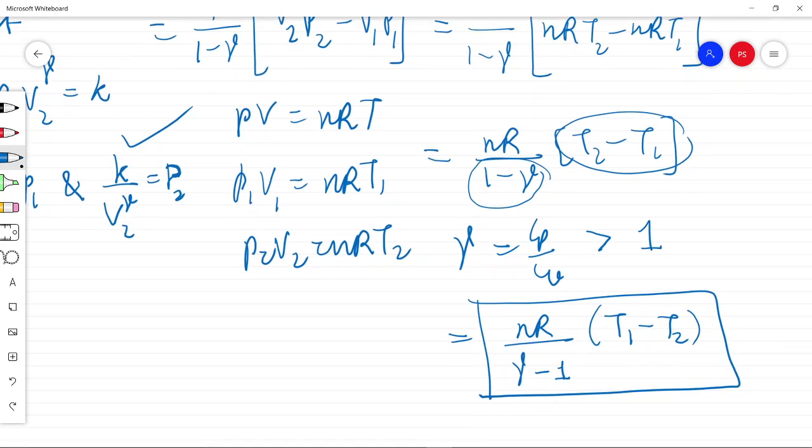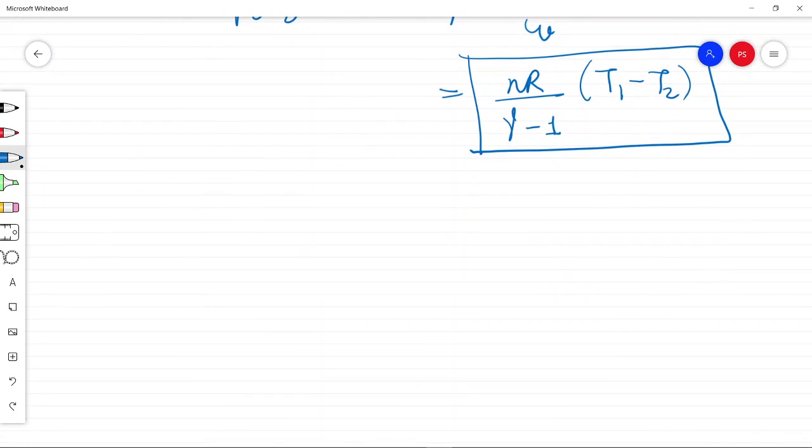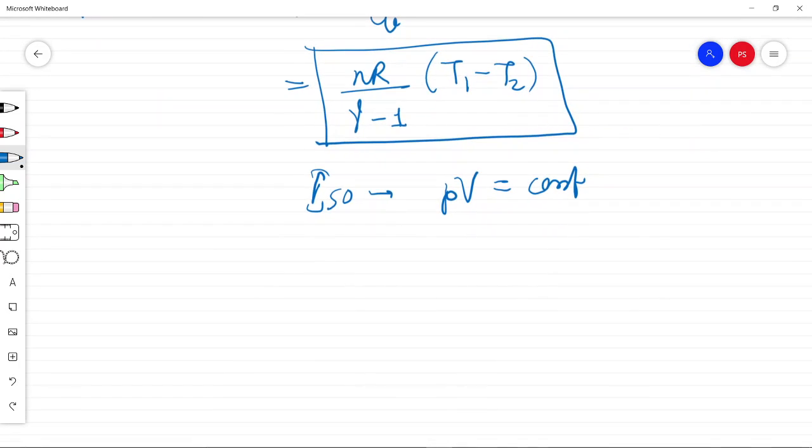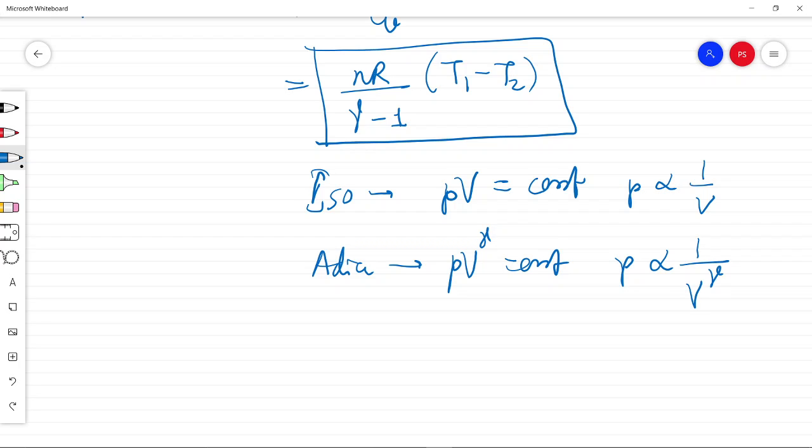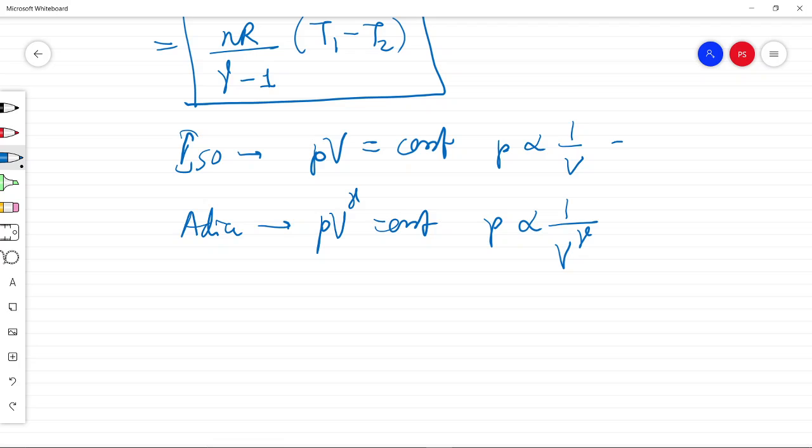Now we should note that for isothermal process, we have PV is equal to constant and it gives us P proportional to 1 by V. And for an adiabatic process, PV raised to gamma is a constant. So P is proportional to 1 by V raised to gamma. So this is just 1 upon V raised to 1, and this is just 1 upon V raised to say 1.3 or 1.4, since we have seen that gamma is larger than 1.